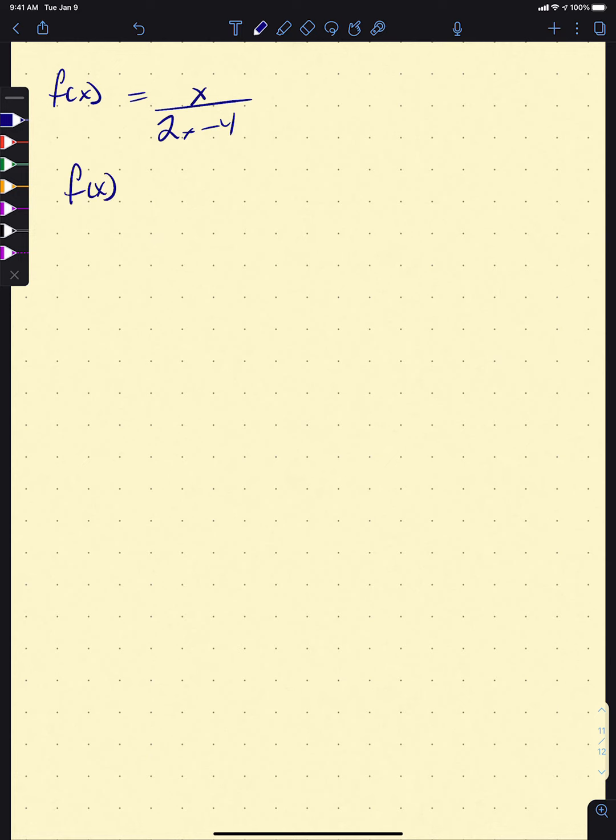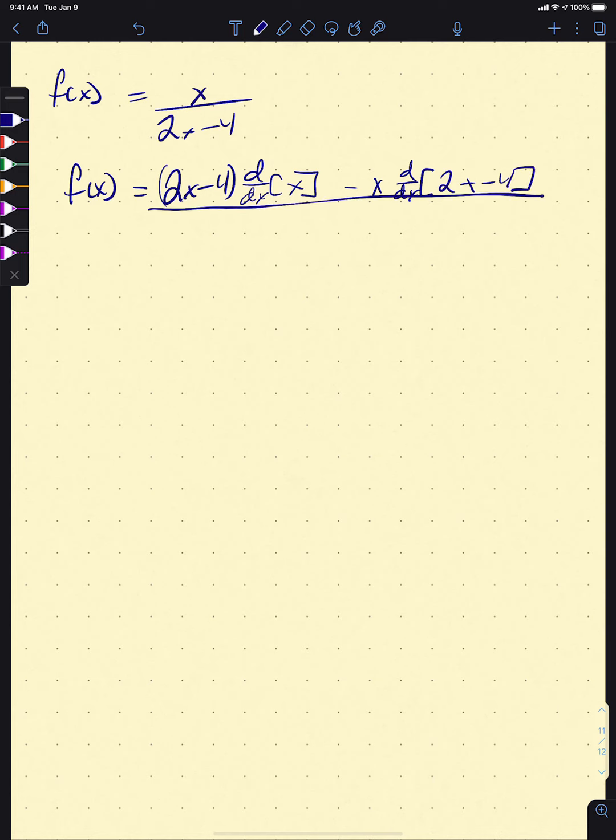So if we're trying to find the derivative, we're going to have low d high, d dx of x, minus high d low, 2x minus 4, all over low low.